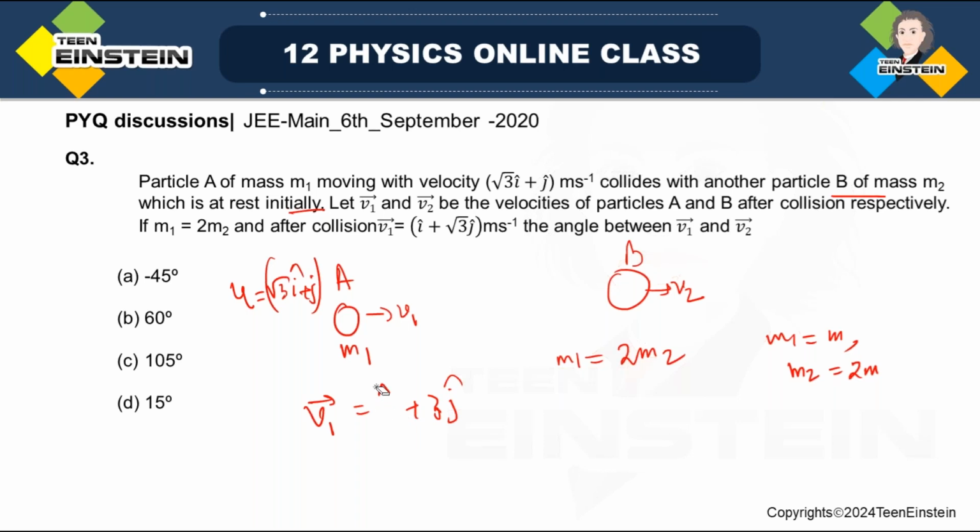This is the velocity of particle A after collision. Then what is the angle between v1 and v2? The question is very simple.